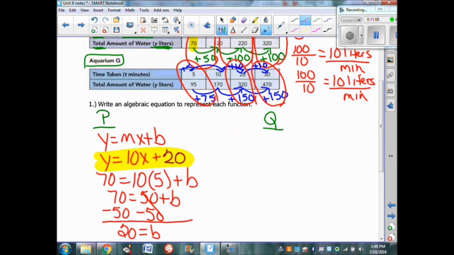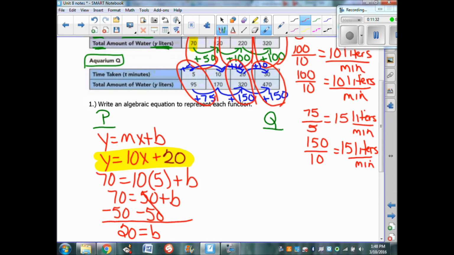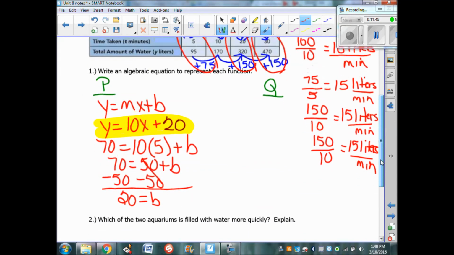The first one, 75 divided by 5 gives us 15 liters per minute. The second one, 150 divided by 10, that's 15 liters per minute. And that last one, again, 150 divided by 10, 15 liters per minute.